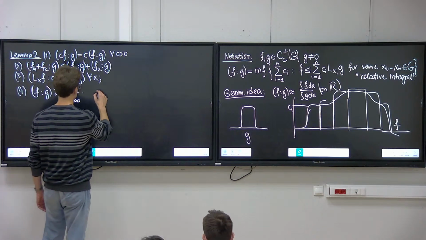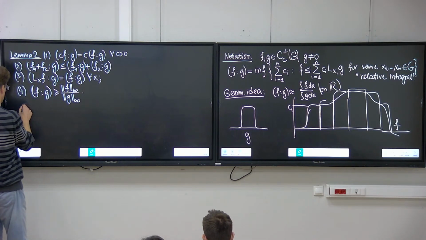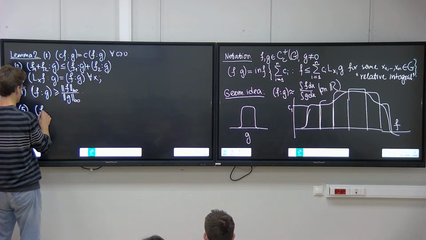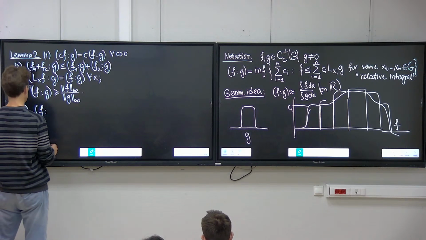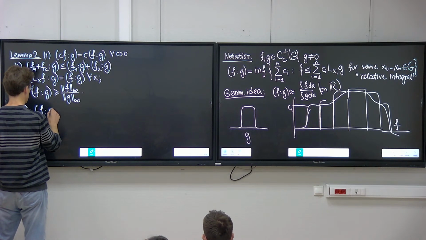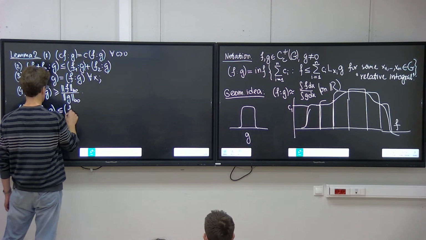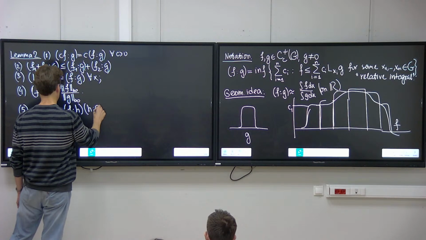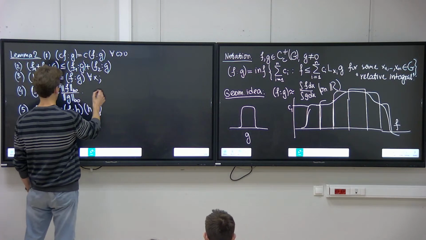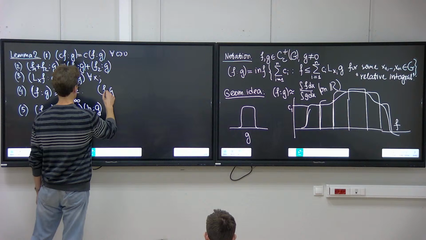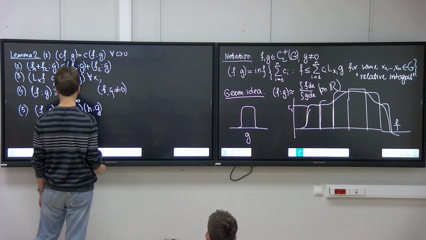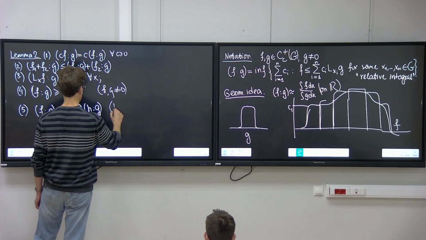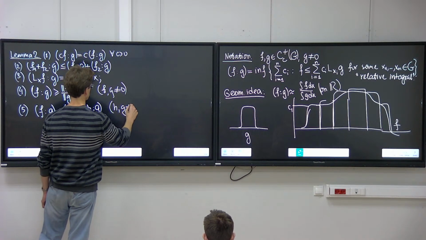And property 5 is a kind of transitivity. If we have three functions f, g, and h, then we have the following submultiplicative inequality. So 4 makes sense if f and g are both non-zero, and here we assume that h and g are non-zero.